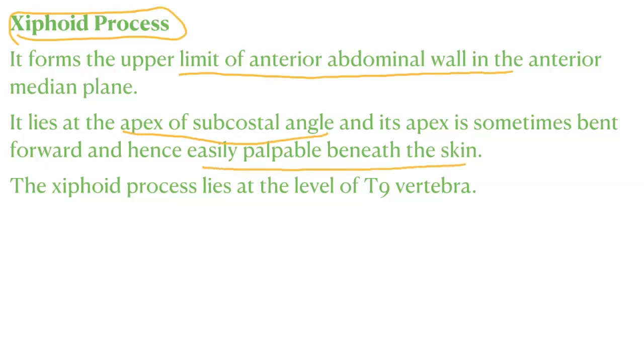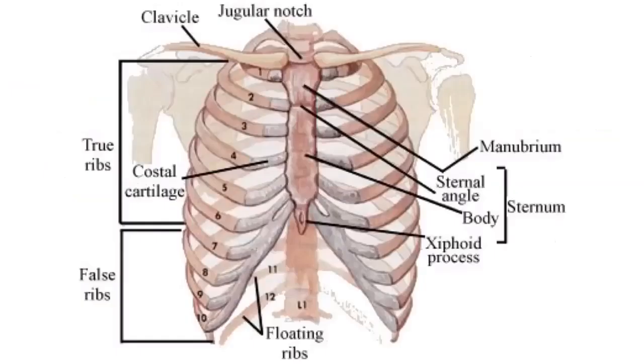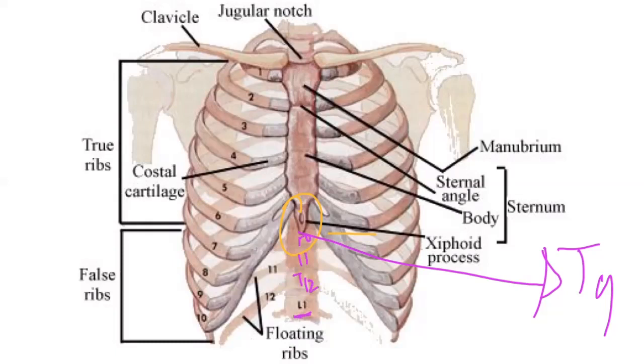The xiphoid process lies at the level of the T9 vertebra. Okay, remember that. So this is the xiphoid process, right? At the T9 vertebra. This is L1, T12, 11, 10, 9, right?